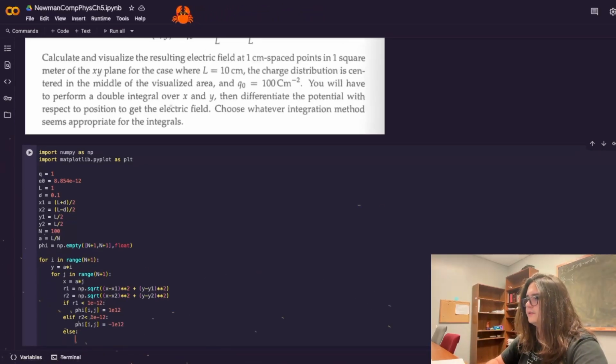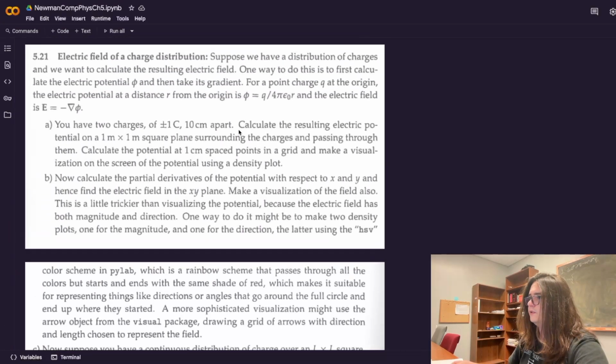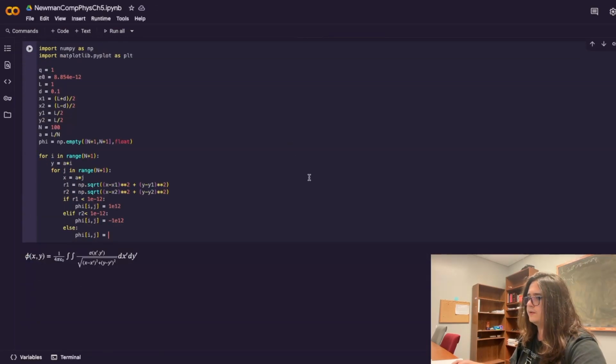So otherwise, we use the electric potential formula, which is given up there. It's Q divided by 4 pi epsilon naught R. So I'm going to group the prefactors together.